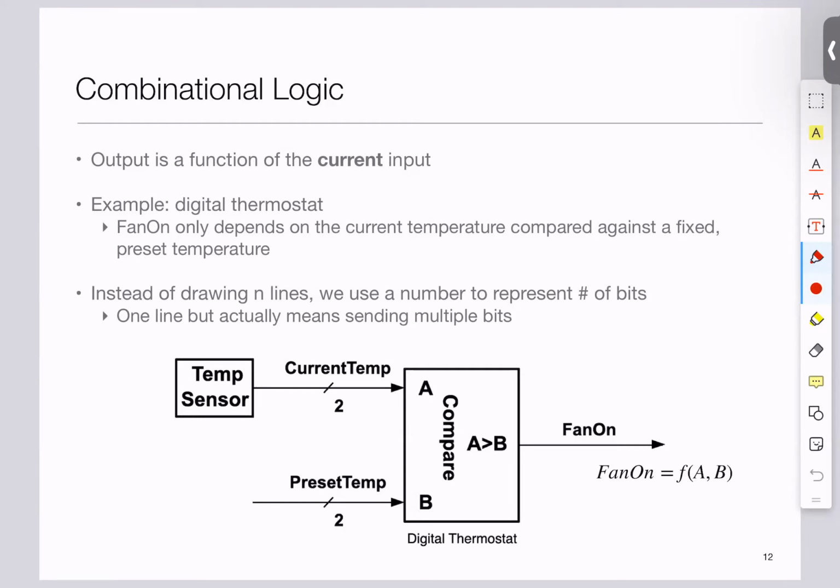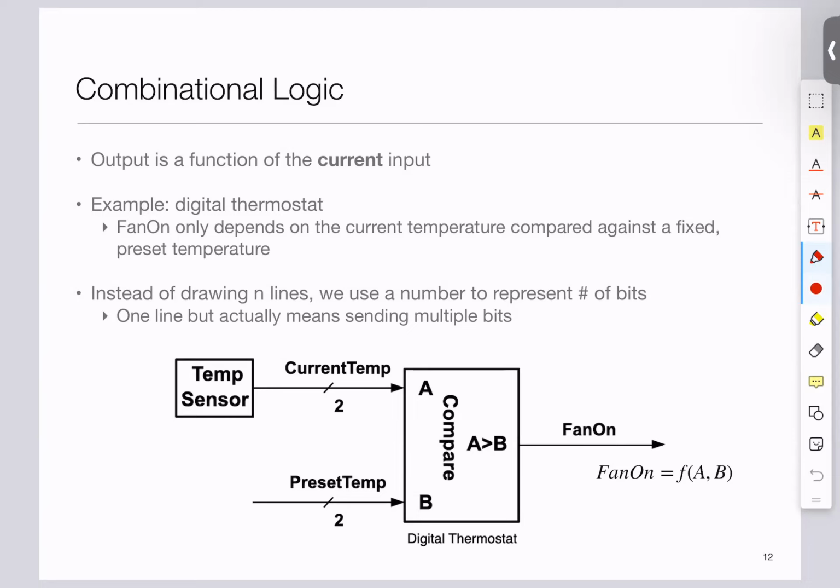So the output at any given point in time depends on inputs a little bit before. At the very least, you have the speed of light limitation, but more generally, transistors have some additional delay. In modern technology, we're talking about nanoseconds or maybe a tenth of a nanosecond, and higher.